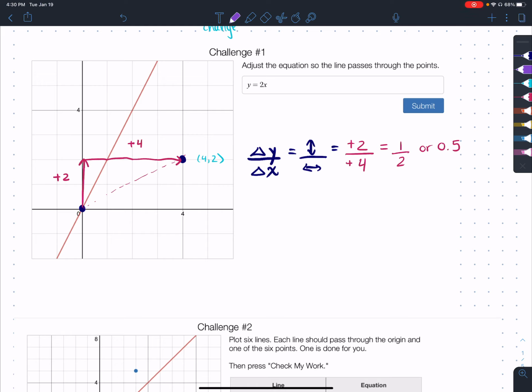Okay, so then this would be changed to y equals 1/2 x. Don't forget that x. The slope itself is the 1/2, and then the y equals rate of change times x. That's the format of the equation of this line.